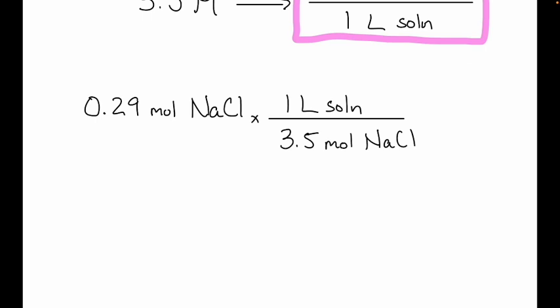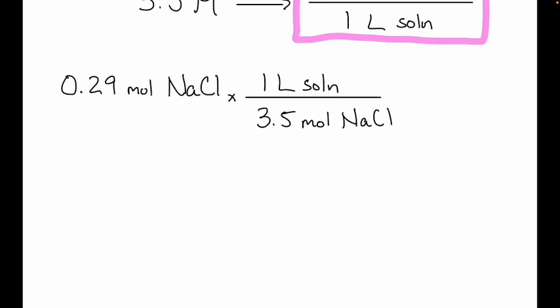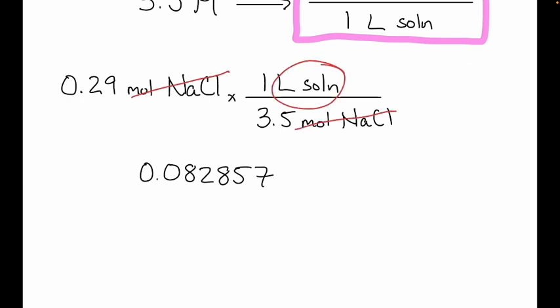So punch this into our calculator. Get 0.082857, and so on. And again, what are my units? Liters, right? My moles of NaCl have canceled out. I'm left with liters of solution.